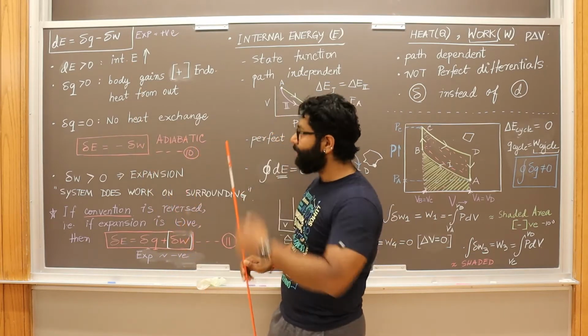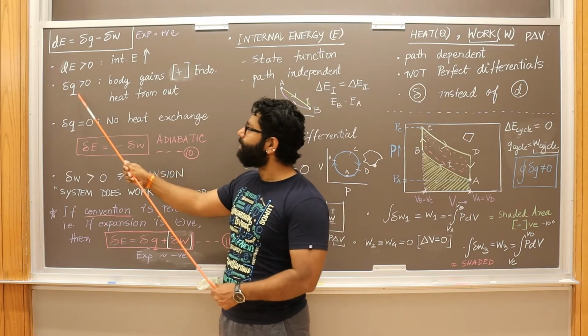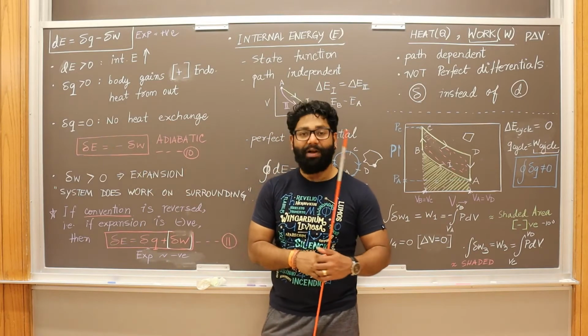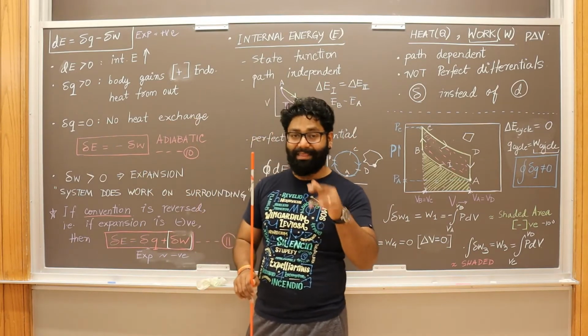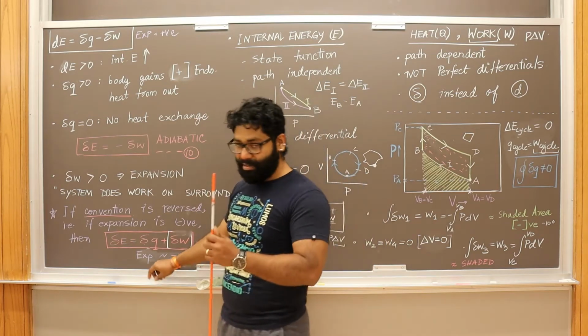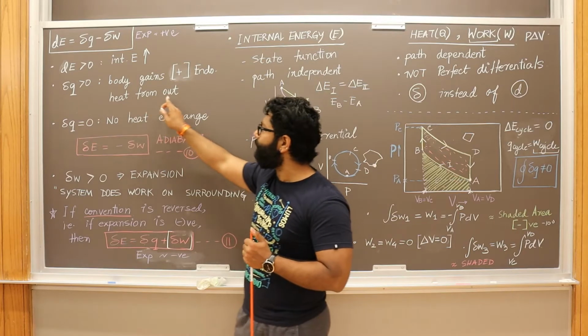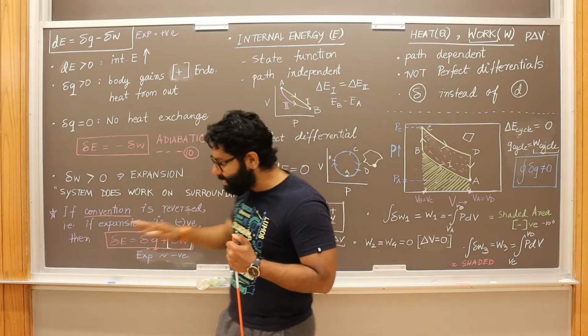Okay. Now when delta Q is greater than 0, it means that the body is gaining heat. Remember, when we were discussing exothermic and endothermic processes, we saw that when the body gains heat from outside, we call it an endothermic process because the heat is coming in.